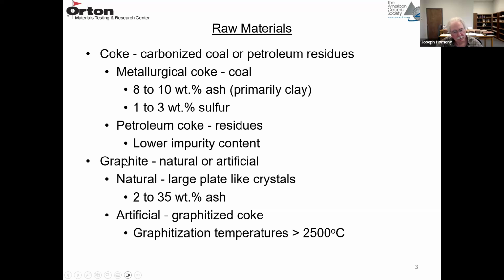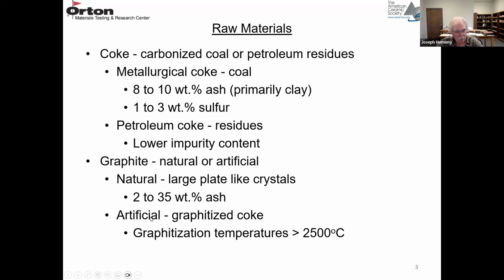And then graphite can either be natural or artificial. Natural graphite is a mined product. It can have very large plate-like crystals, and the ash content is variable depending on the mine, anywhere from 2 to 35 weight percent ash.